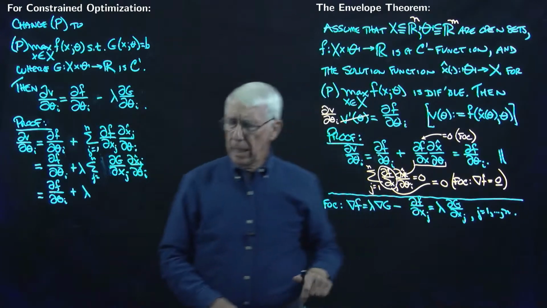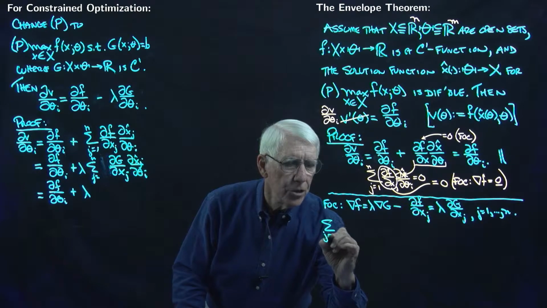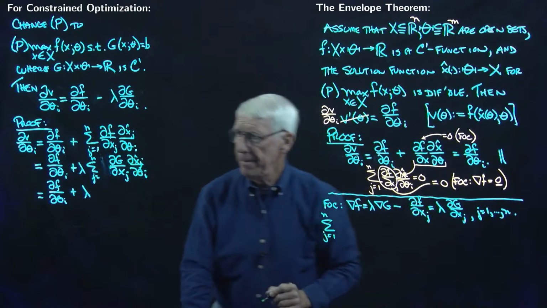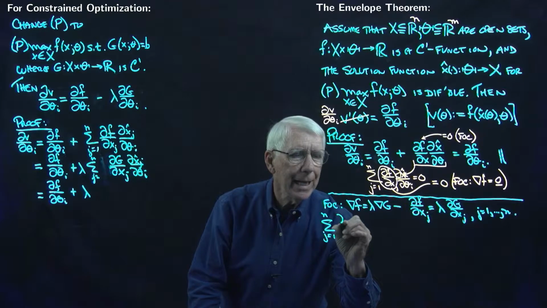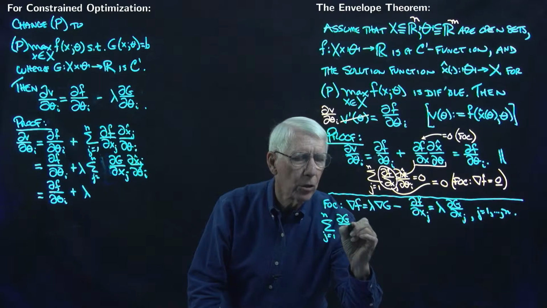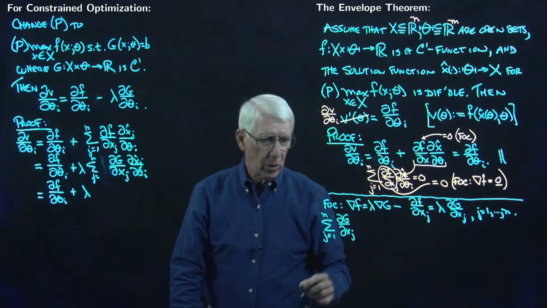And so let's write the sum j equals 1 to n. And let's write the Taylor polynomial for the g function.